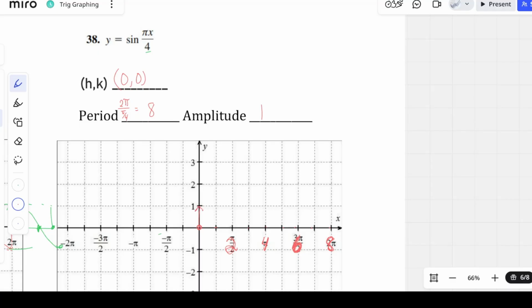Up in amplitude, down in amplitude. To the right by a period. Cut it in half, cut it in quarters. Sine function starts middle, high, middle, low.